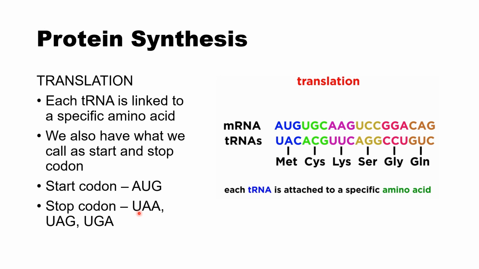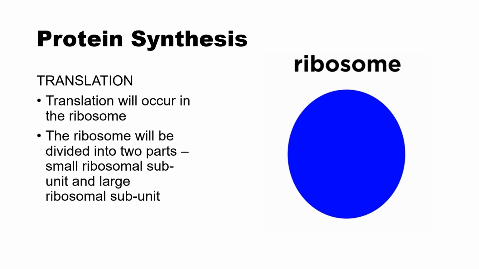Then, yung stop codon niya is yung UAA, UAG, UGA. So, mag-i-stop lang yung translation process if may nakitang codon na UAA, UAG, or UGA. So, yun yung start and stop codon. Nag-start, then nag-stop.